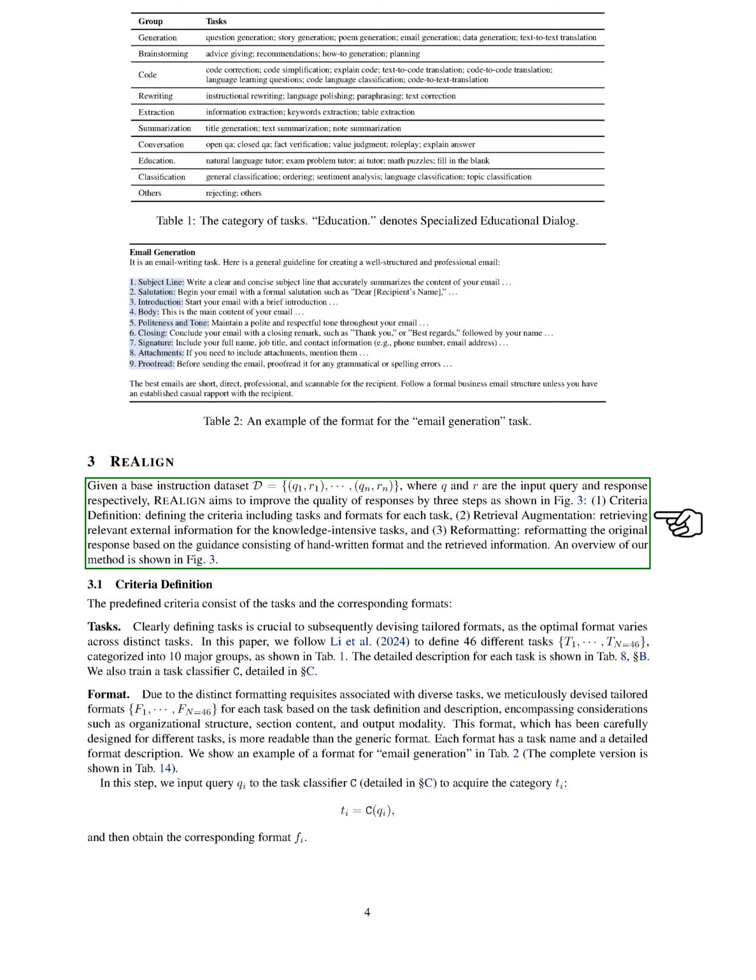We emphasize the importance of clearly defining tasks to subsequently devise tailored formats, as the optimal format varies across different tasks. We categorize 46 distinct tasks into 10 major groups and develop tailored formats for each, considering factors such as organizational structure and output modality to ensure readability.